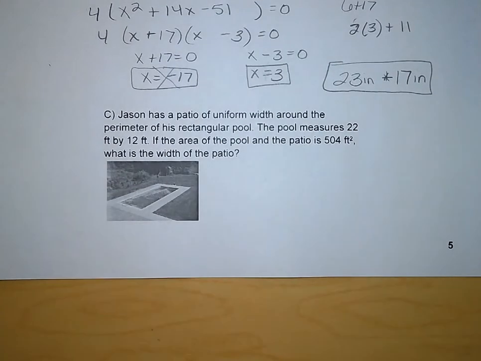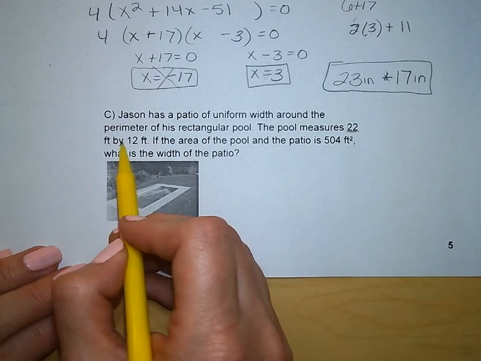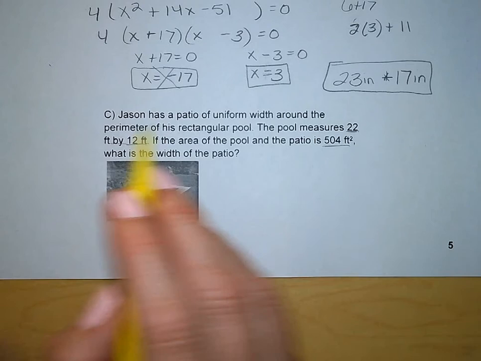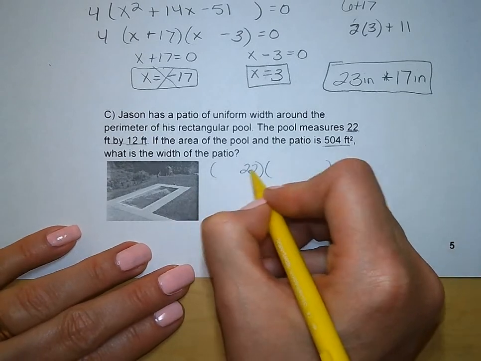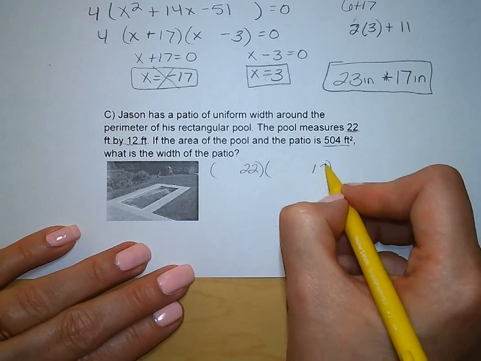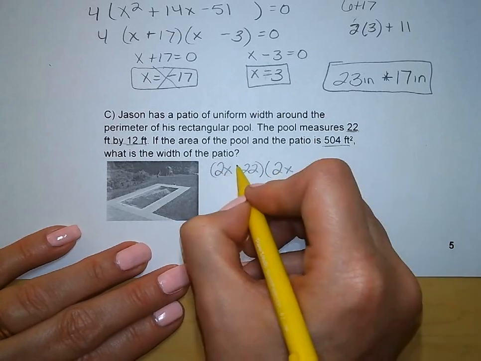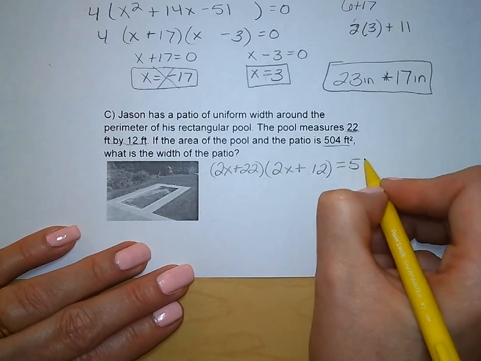Our last example, we have Jason, who has a pool that has a patio with uniform width around it. The pool is 22 feet by 12 feet, and the patio is 504 square feet. So we set up, we've got 2x plus 22 and 2x plus 12 as our two binomials here, and that equals 504.